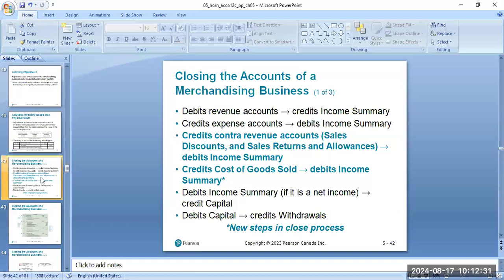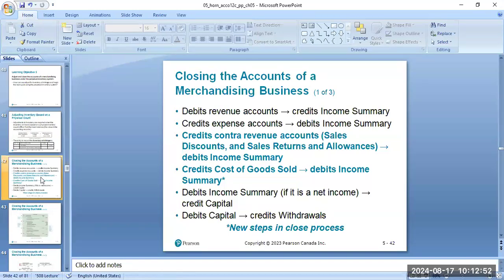Then we have to close all the contra accounts that we just created: sales discounts, sales return allowances. Their balance will be debit, so we have to credit them. If we credit them, we have to debit the income summary account.